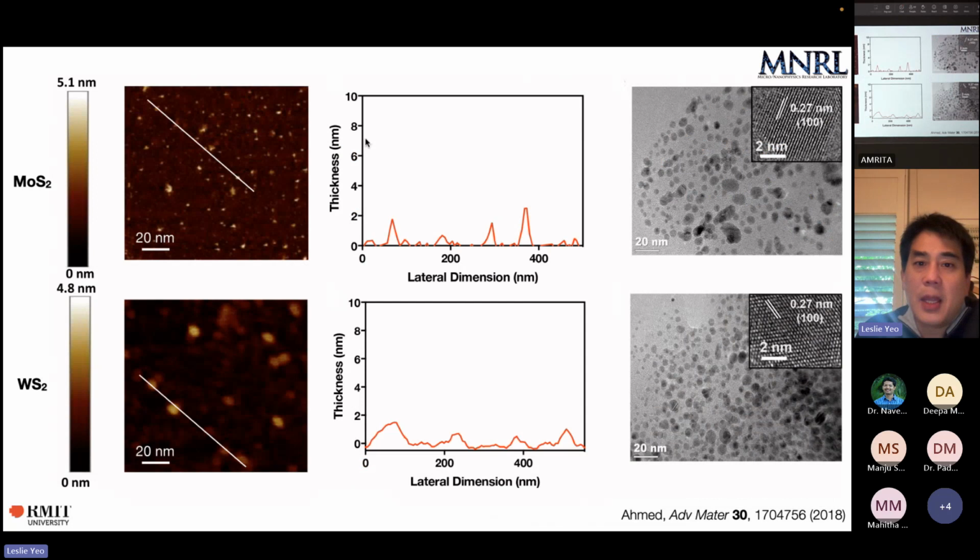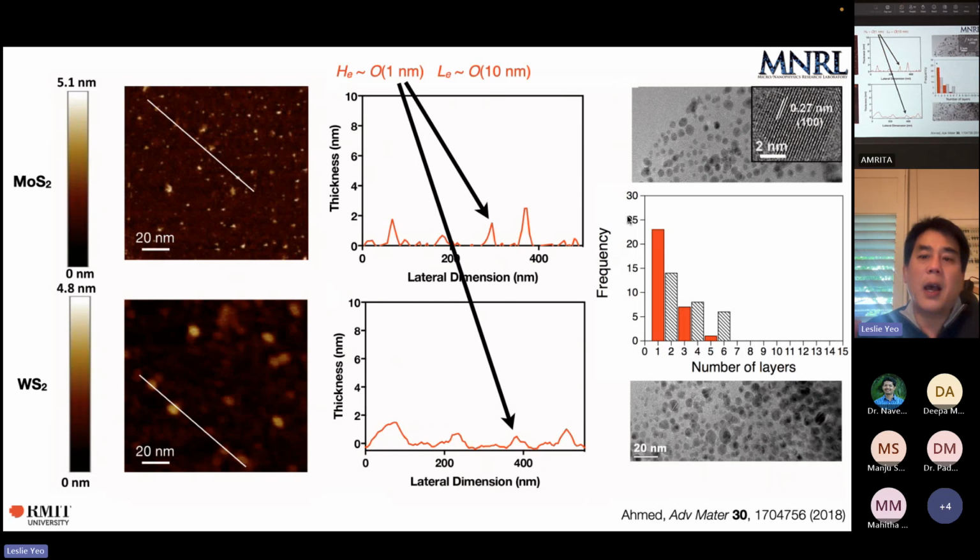If you look at the AFM, whether it's molybdenum disulfide or tungsten disulfide, you see that they become a lot smaller and thinner. The height is on the order of a few nanometers, and the lateral dimensions on the order of 10 nanometers here. And you see that in the TEM as well.